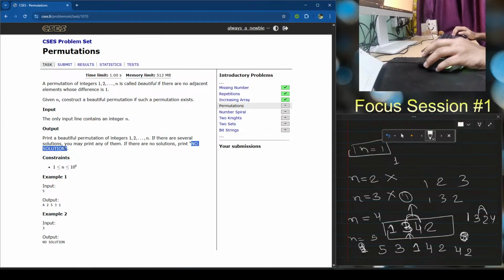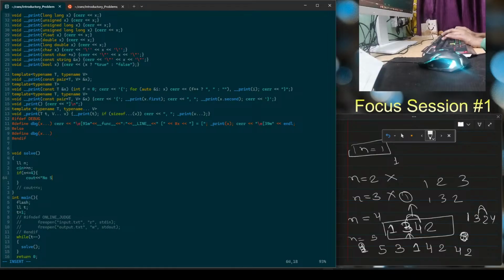Let's just copy and paste this. Oh my gosh, I really need to type.